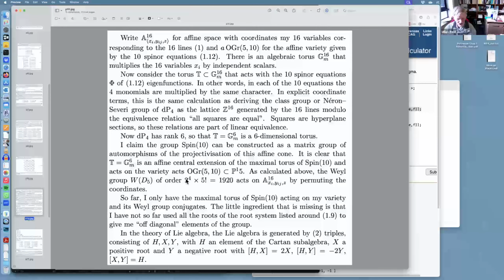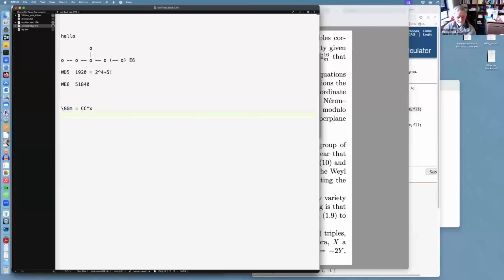So this is, I should have said, the maximal torus of Spin 10, or SO10, is GM5.